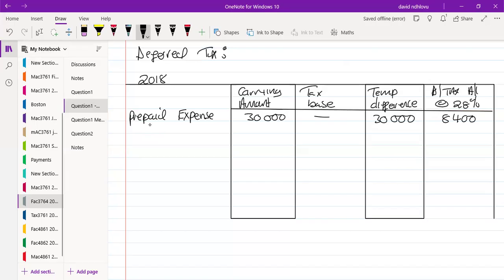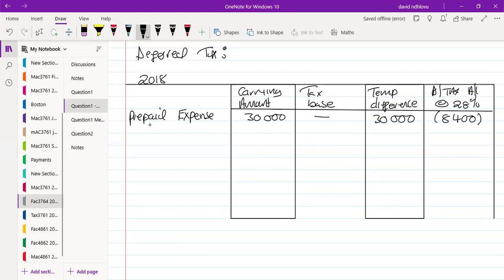Right. We analyze and say, based on the rules, the carrying amount of an asset is greater than the tax base, which is 0, which means this is a deferred tax liability. So that will represent the deferred tax liability in the prior year.